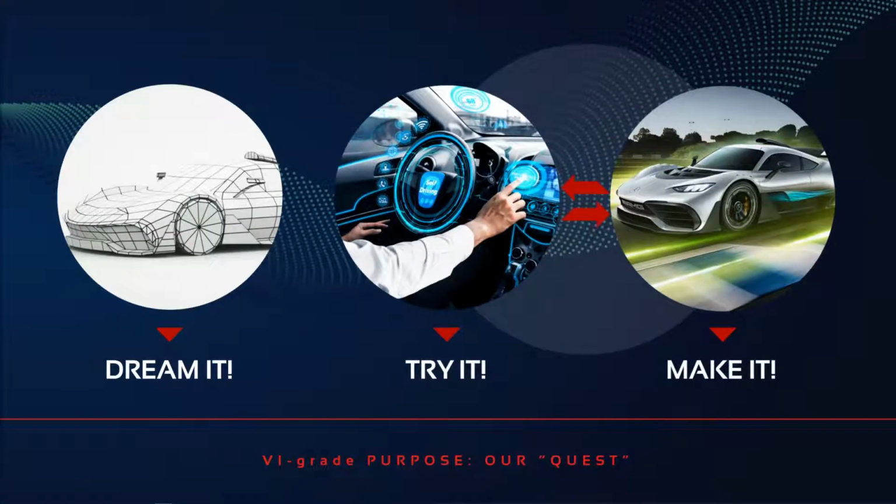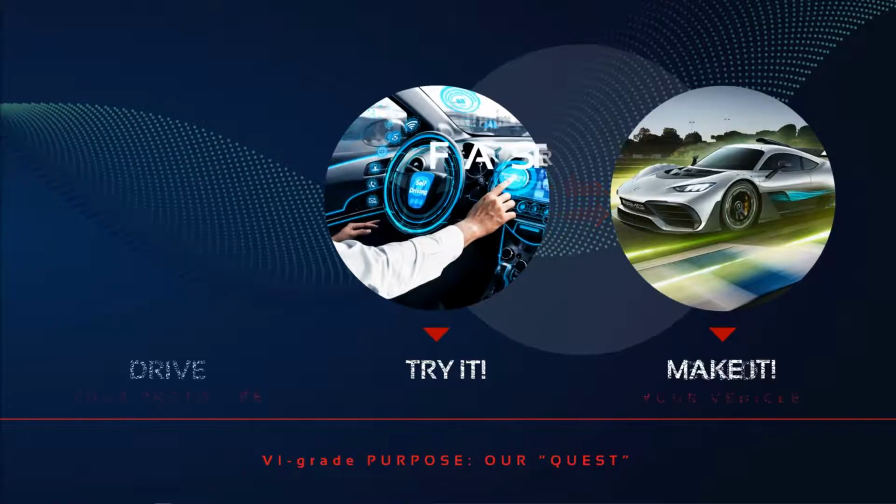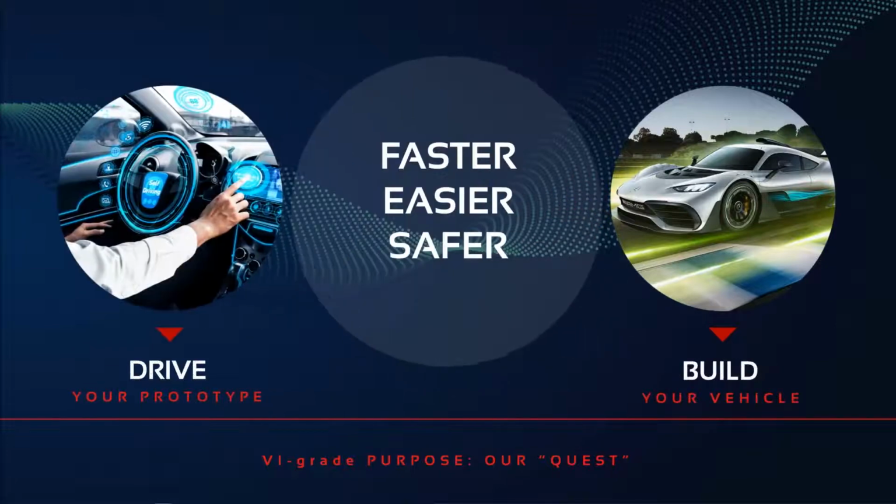Eliminate the wasted time and cost of building multiple prototype iterations. Simulate and experience the results of the simulation in driving simulators first. Iterate much faster than before possible with traditional approaches. This is the faster, easier, and safer approach to developing vehicles.